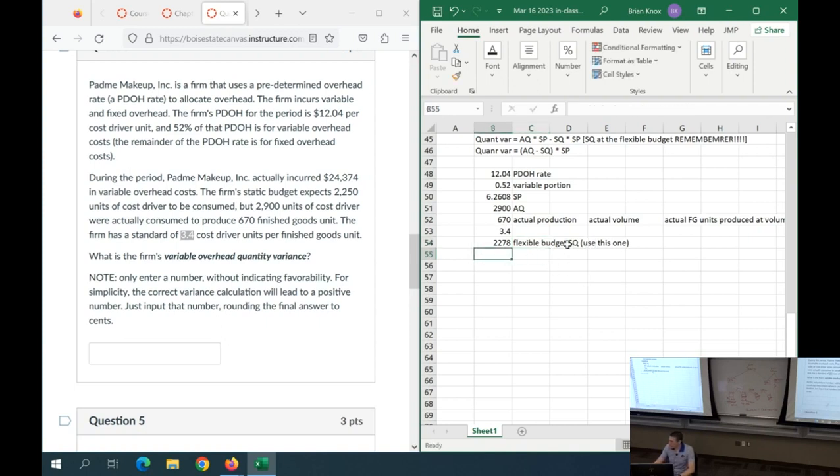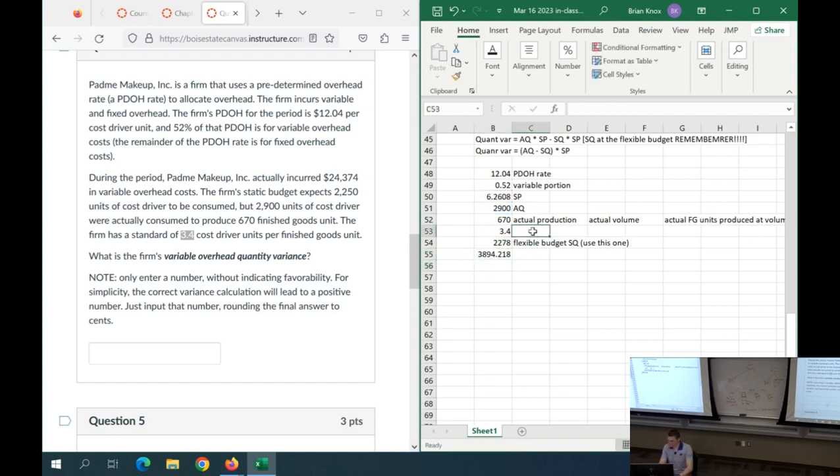Okay, so now we have an SQ, an AQ, and an SP. So we can just put them in the equation. I wrote it out right here. I'm going to use the more algebraic one: AQ minus SQ times SP.